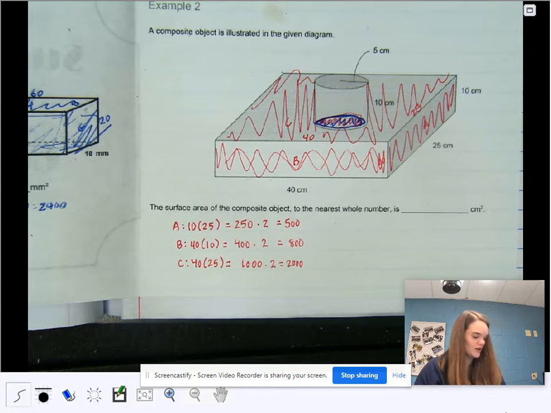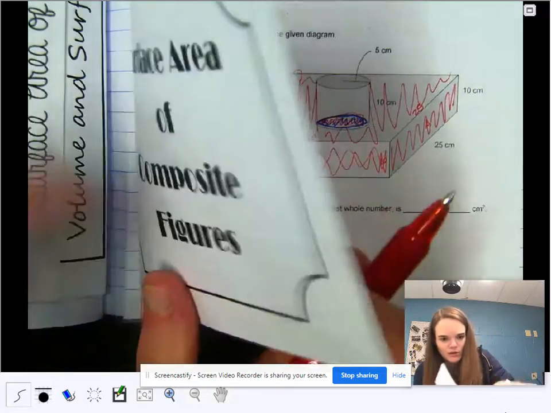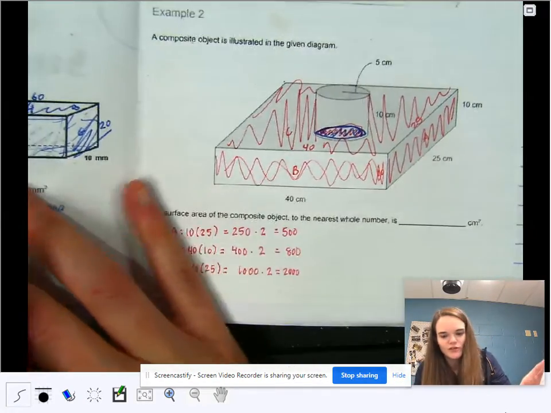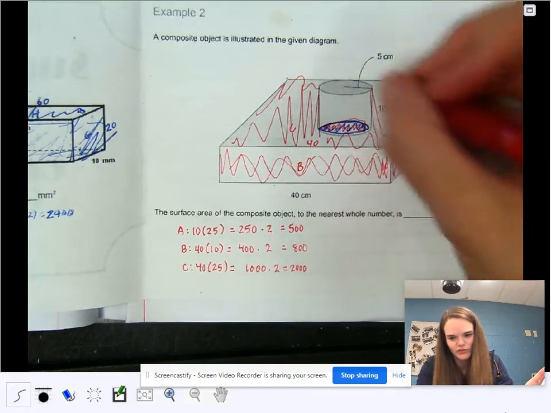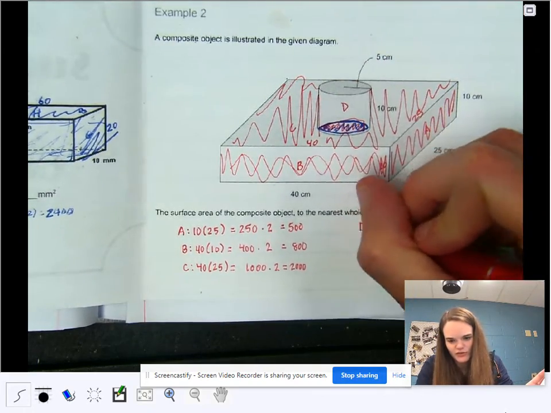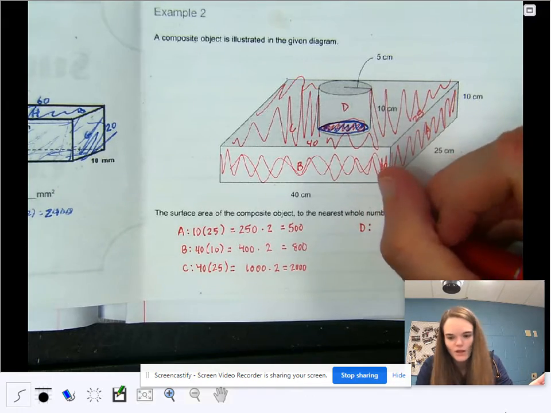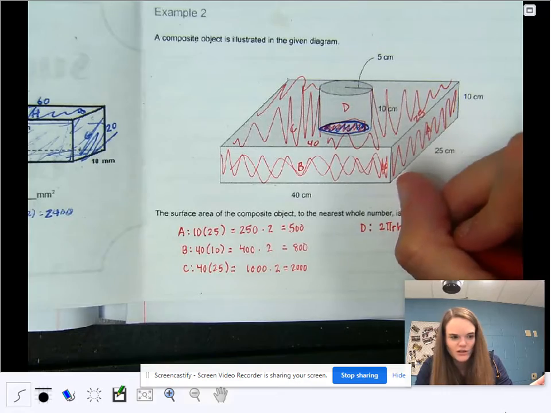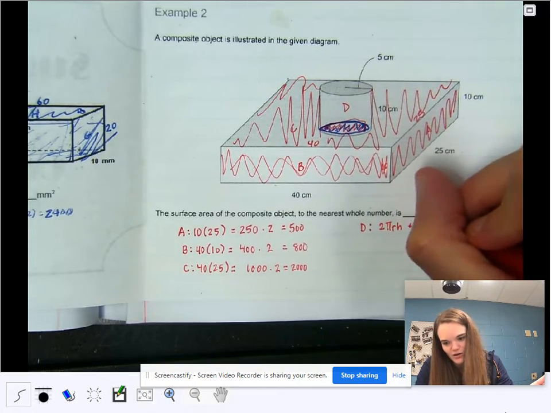So the surface area of a cylinder, remember that formula, and if you don't, I'm going to look in my foldable here. The surface area of a cylinder, so we're just going to do the cylinder, A, B, C, D, we're going to call the cylinder D. So the surface area of the cylinder is 2 pi r h plus 2 pi r squared.